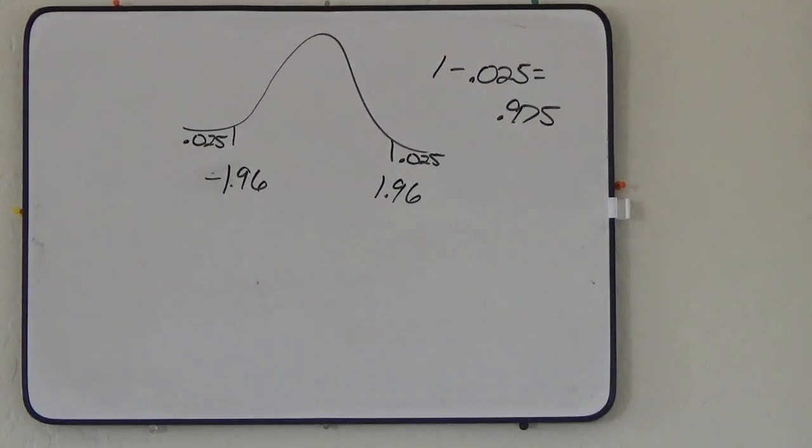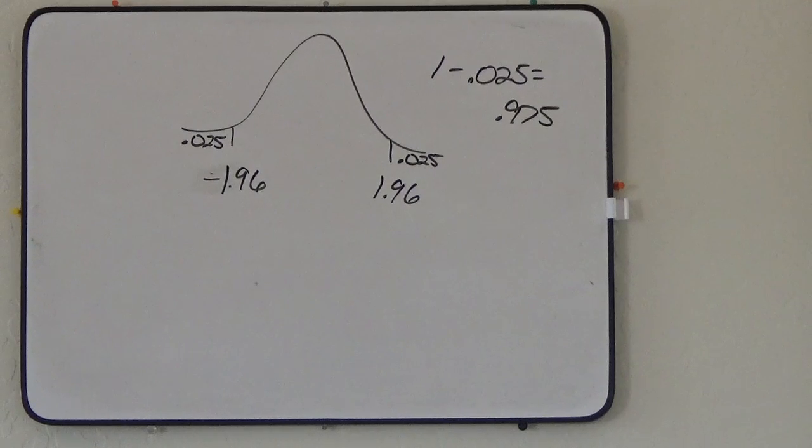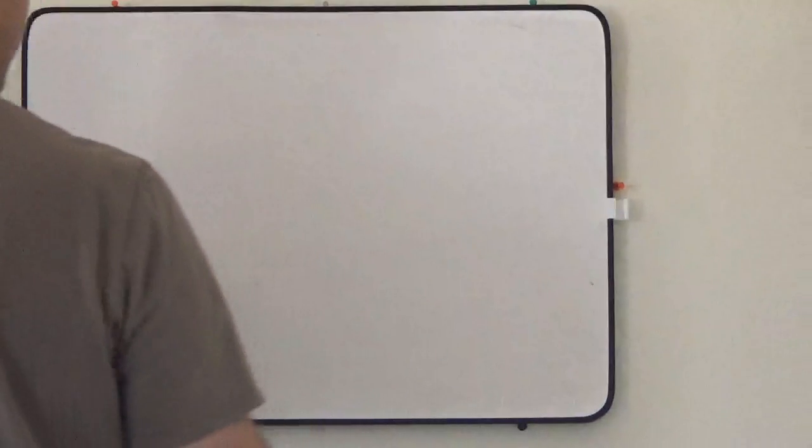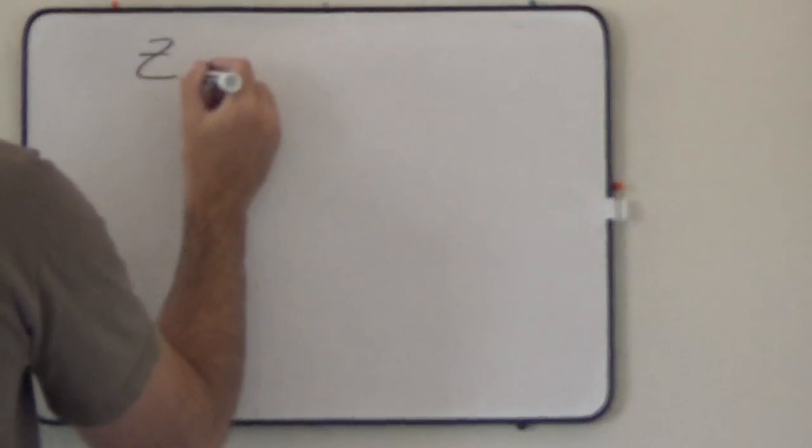Alright, critical values. A critical value is a z-score separating unlikely values from those that are likely. Here's how we denote it: z with a subscript alpha, a Greek symbol.